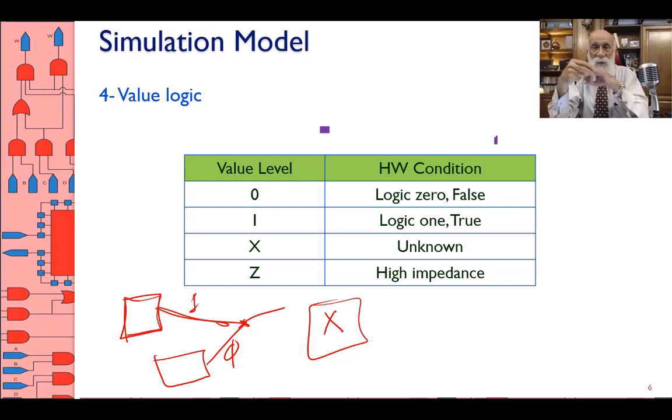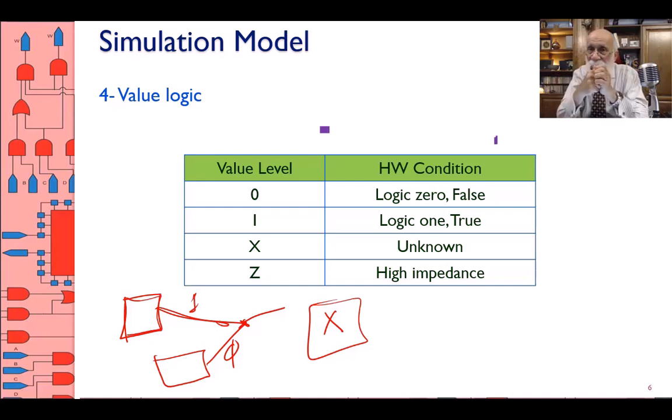So what I have is 0 representing low voltage, a 1 representing high voltage. High voltage means driven by supply. Low voltage, driven by ground. An X for a line that is driven both by supply and ground.